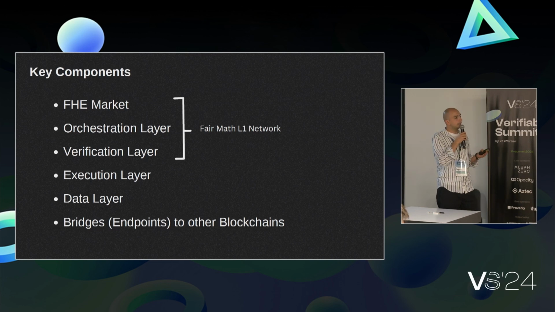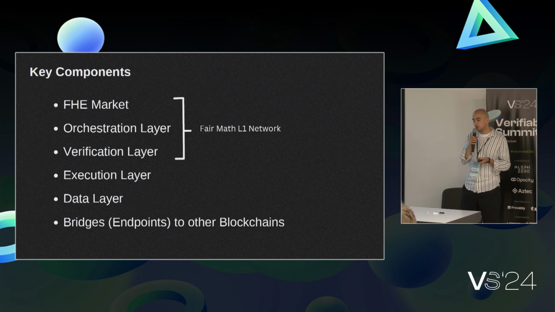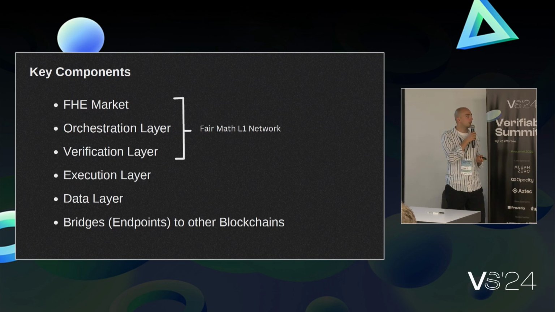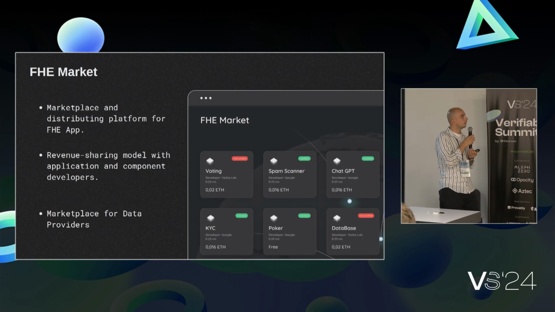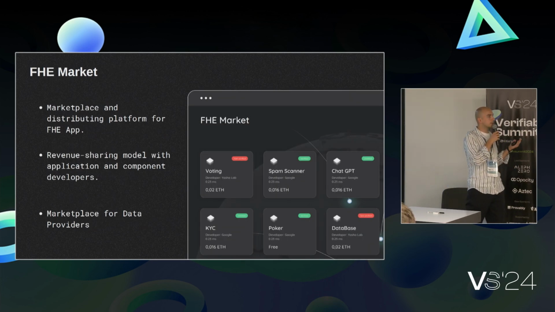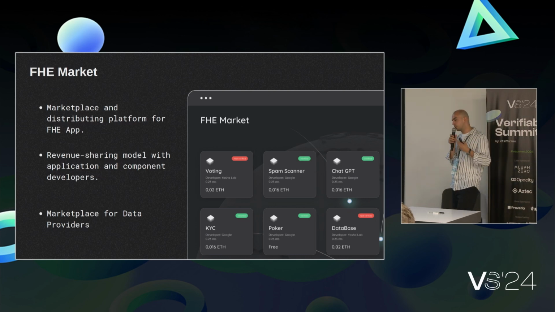And the data layer: for FHE, it's important to have a separate data layer to be able to store ciphertext off-chain, because it's not possible to store it on-chain. We also have different bridges that allow us to connect to other blockchains. The marketplace, as I mentioned, is just a marketplace of applications. Anyone can publish an application.